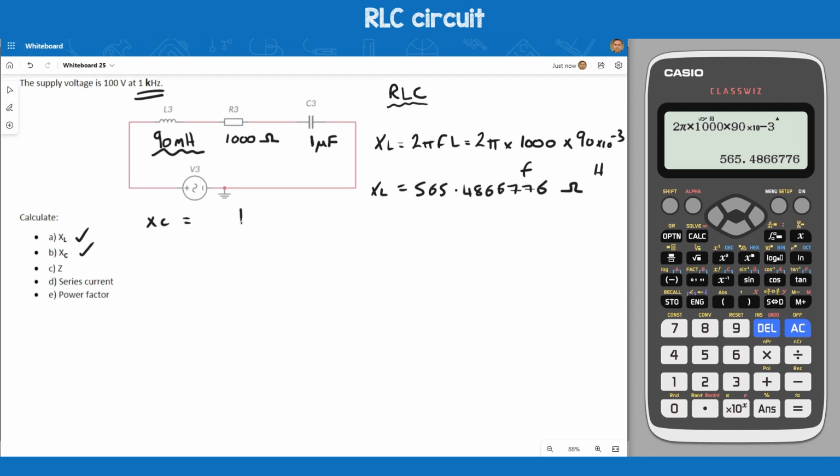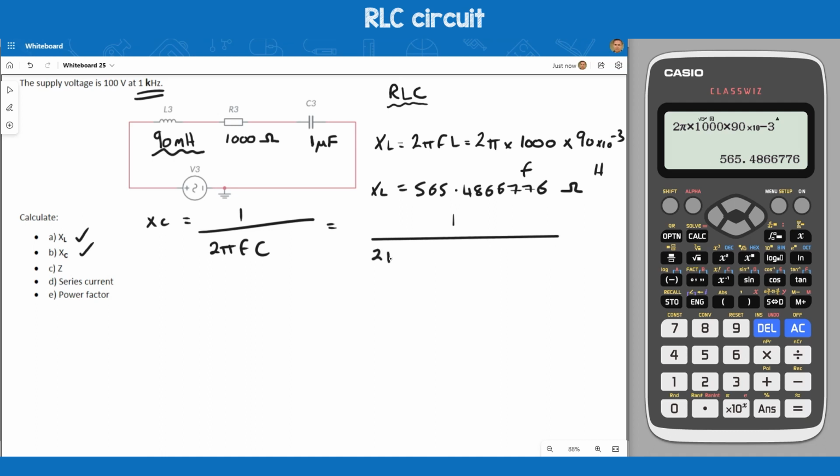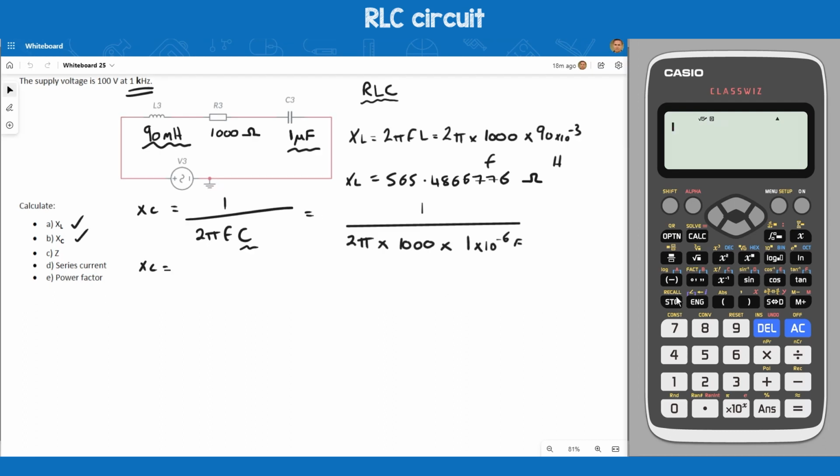And then XC is 1 over 2 pi FC, which is equal to 1 divided by 2 pi times the same frequency, 1000 Hertz, times the capacitor value, which is 1 micro, or 1 times 10 to the minus 6 farads.